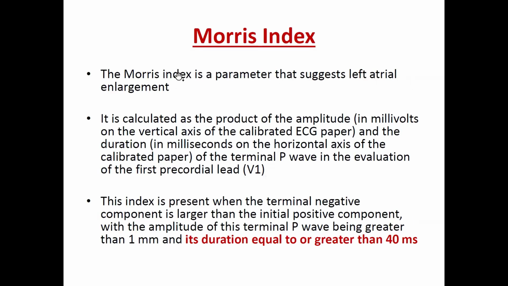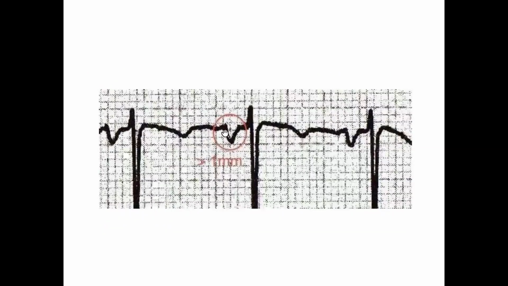The Morris index is a parameter that suggests left atrial enlargement. Here we take the amplitude of the negative P wave in lead V1, in millimeters, and also the duration of the P wave.